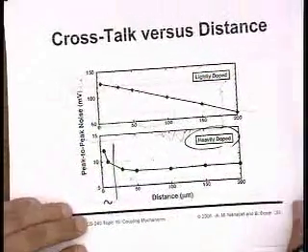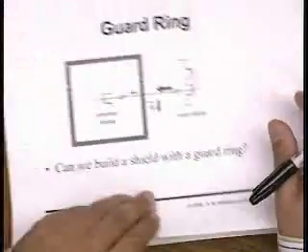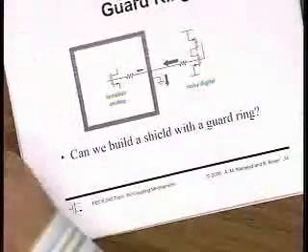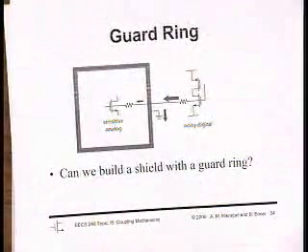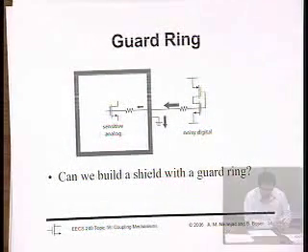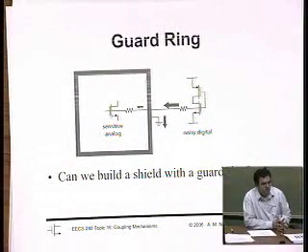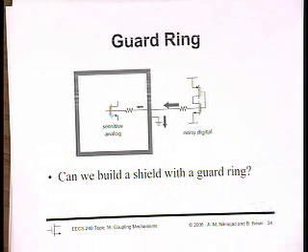Good question. Okay, so the other thing we might want to do is shield it, right? We talked about shielding last lecture, and we thought, okay, if you have capacitive coupling between circuits, we can shield it. Similarly, if I have resistive coupling between circuits, if I put a shield around one circuit and ground it, that would capture all the current and prevent it from interfering with my circuit.